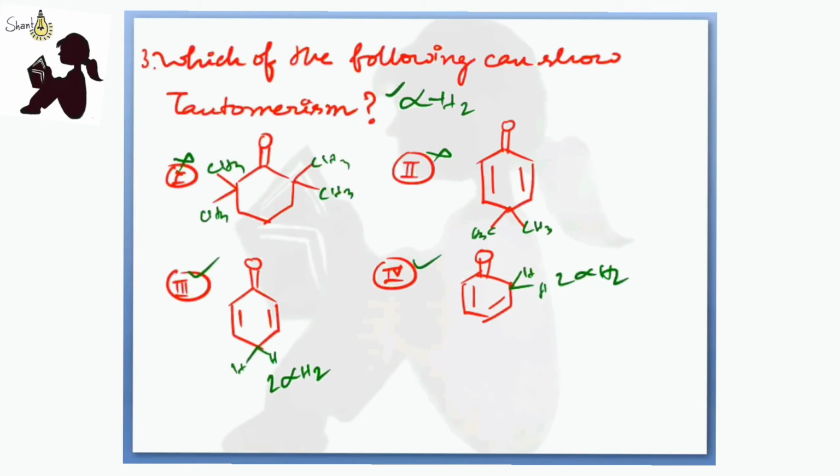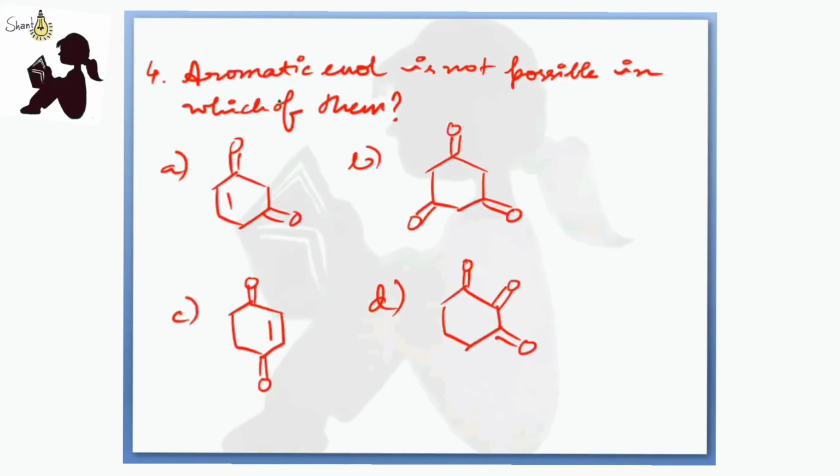Okay, now here it is given: aromatic enol is not possible in which of them. Now to know which of them form the aromatic enol, we have to see if they have an alpha H2. Okay, so let's see. It has 2 alpha H2 here, so it will form aromatic enol.